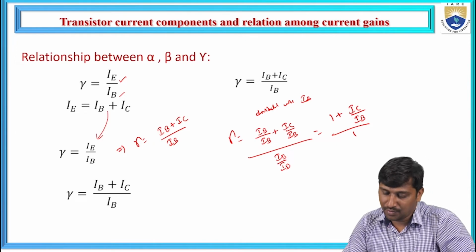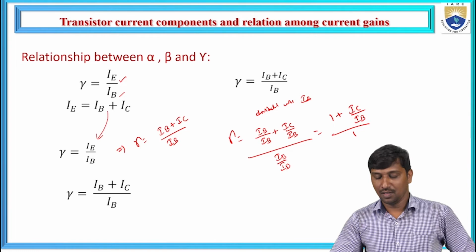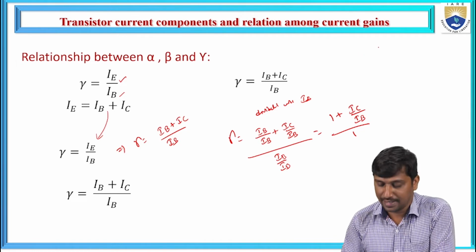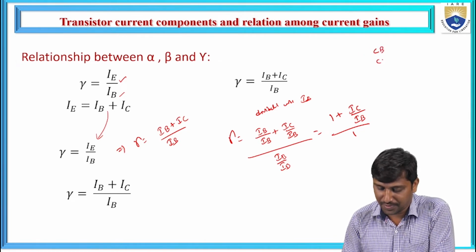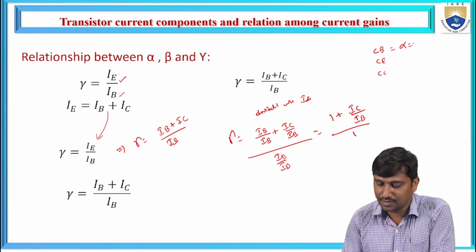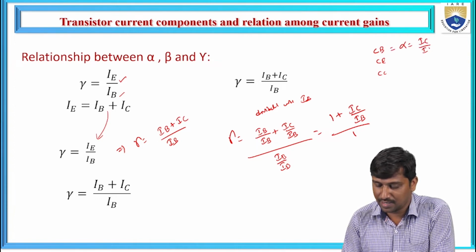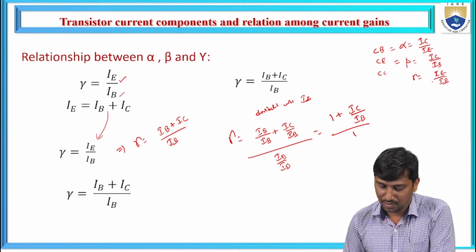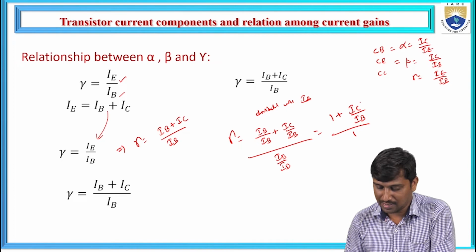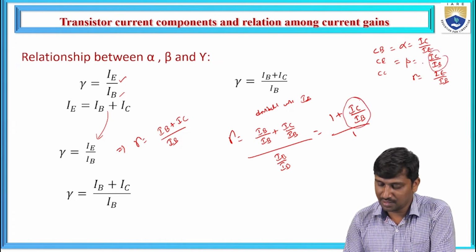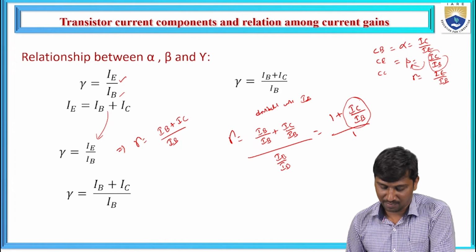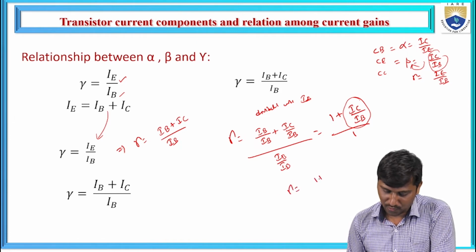Again, if you recall the current gains of the common base, common emitter and common collector, alpha is defined as IC by IE, in common emitter it is IC by IB, and in common collector it is IE by IB. In this relation we have the IC by IB term, which is the beta parameter. Hence gamma is equal to 1 plus beta.